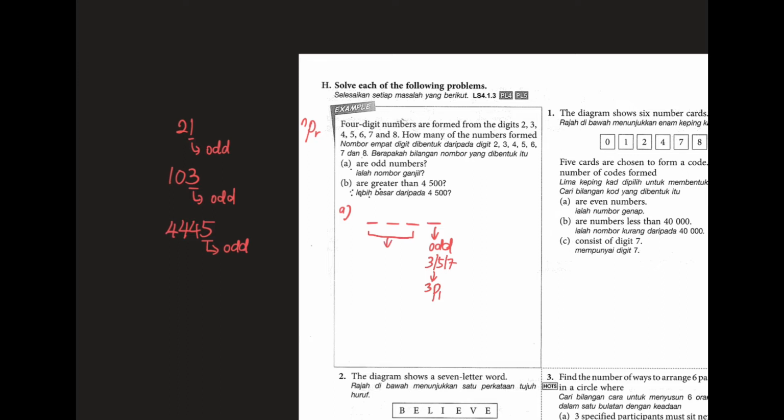For the front part, I can put any number except the odd number that was used. One of the odd numbers is used at the back. I cannot use that anymore, so I can use other numbers.